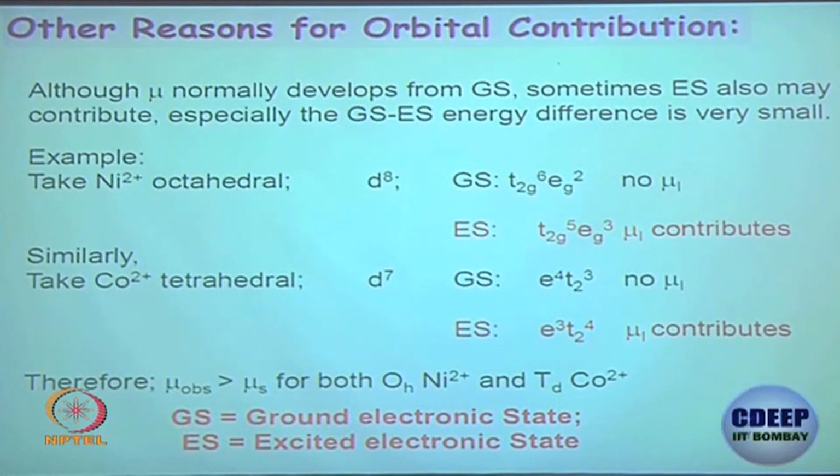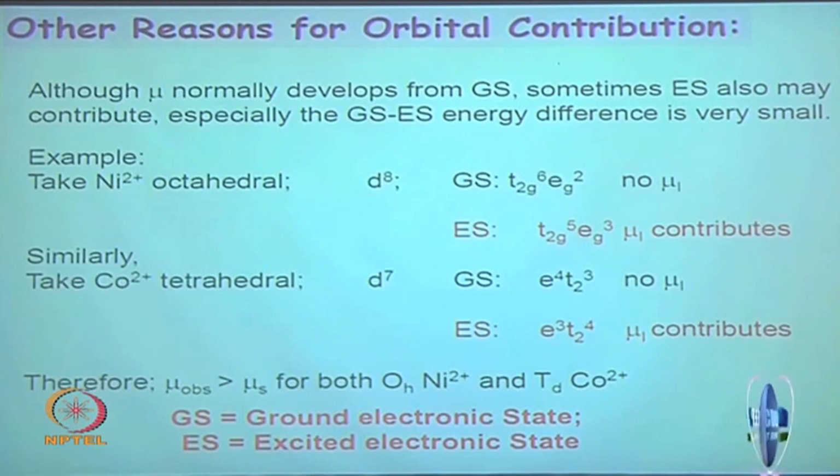Other reasons for orbital contribution. Usually we are pretty much focused on the ground state electronic configuration. Sometimes what happens is, let's say t2g6 eg1, there should not be any orbital contribution.